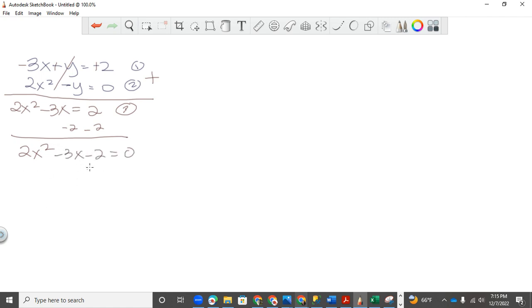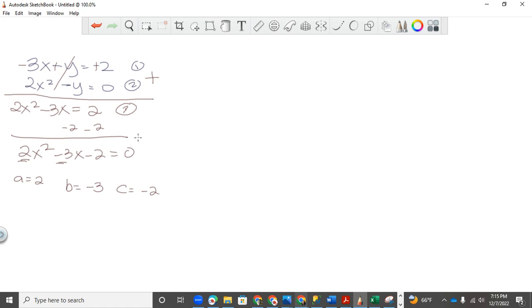In the paper that I gave you, I used the x method, but I'm not sure if you remember how to do that when your a is not equal to 1. So I thought it's easier to solve this using the quadratic formula, where a is equal to 2, b is negative 3, and c is negative 2. Those are your ABCs.